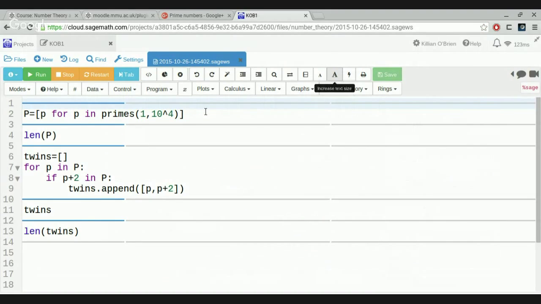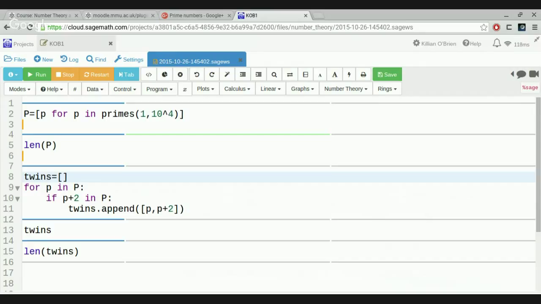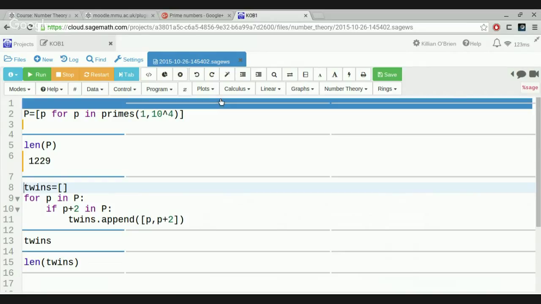Let's do a quick computer experiment using Sage. This line, P is defined as the list of every number little p, for p in the primes between 1 and 10 to the 4, that is 10,000. So this set P holds all the prime numbers between 1 and 10,000. And it tells me there are 1,229 of them. So there's plenty of them between 1 and 10,000.